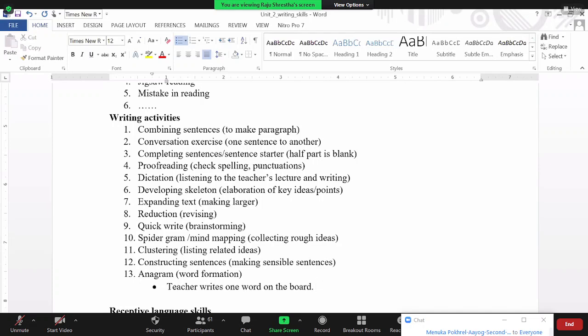First step is: teacher writes one word on the board. Ask students to make as many words as possible from the given word.